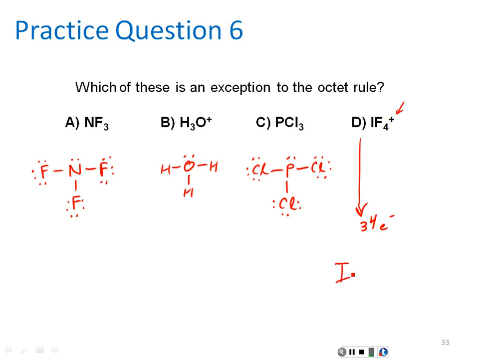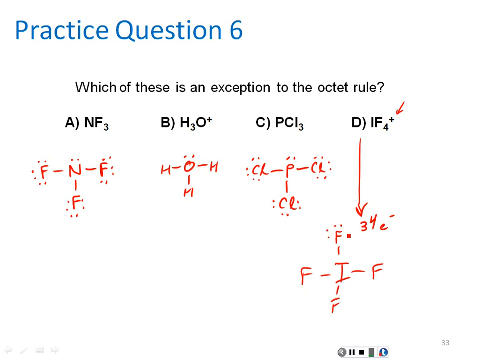Iodine is less electronegative, so it will go in the center. Fluorines will go on the outside. We'll draw single bonds. That takes away 8 electrons. We're going to be left with 26.